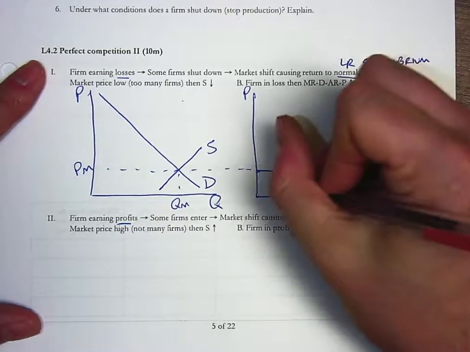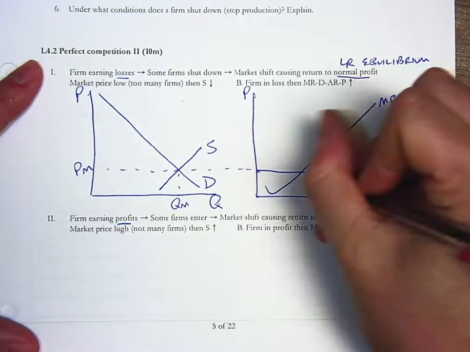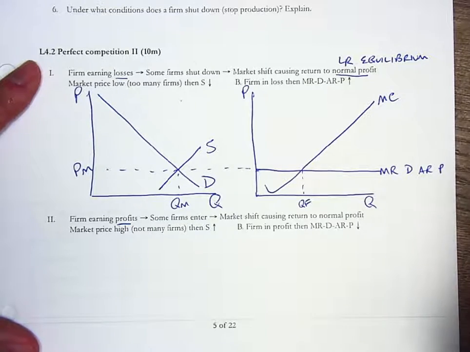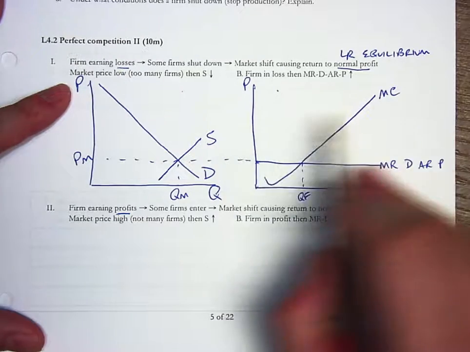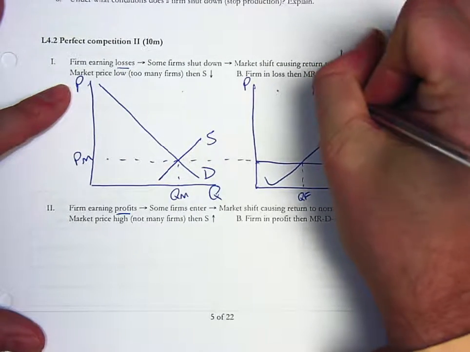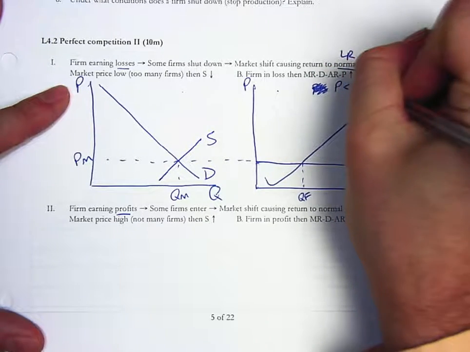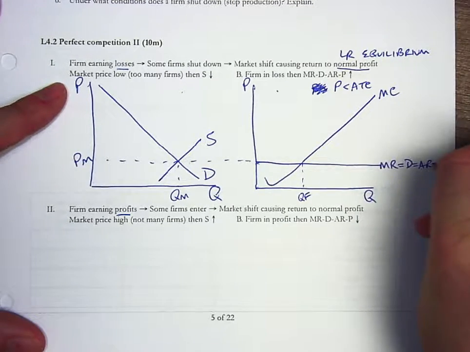And we've got here the marginal cost curve, and we'll say that the firm operates at the quantity where MR equals MC. And because it's telling us the firm is in a loss, we know that the price is less than the ATC. Now, this is the price, marginal revenue, demand, average revenue.